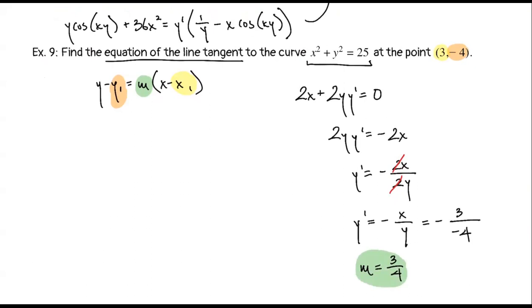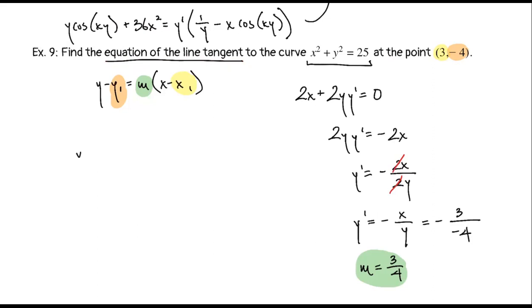All right. Now, yes, we did a lot of math, but we didn't write our final answer yet. If you stop here, all you showed me is you know how to take a derivative. You did not show me that you understand what the equation of a tangent line is. So we have to go back in and fill in our x1, y1, and our m.